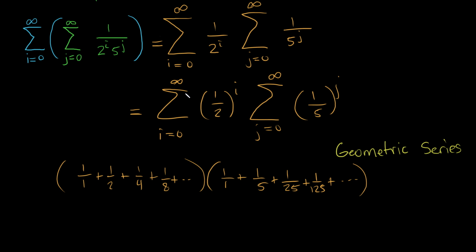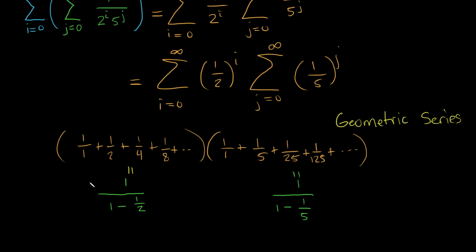So, right here, because we're multiplying by 1/2 at every point, this first part here is going to equal 1 divided by 1 minus the factor that we're multiplying by. So 1 divided by 1 minus 1/2. This right here is going to be the same, except the factor that we're multiplying is no longer 1/2, it is now 1/5. So we say 1 divided by 1 minus 1/5. And of course, we're multiplying these things together.